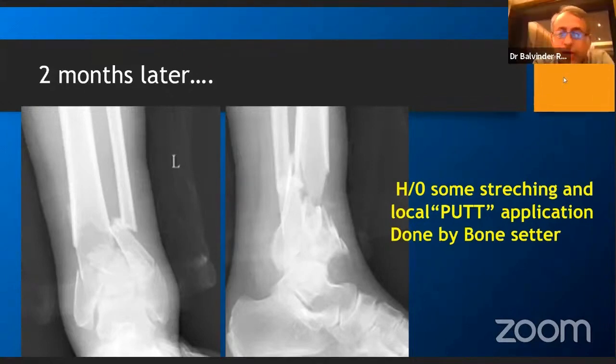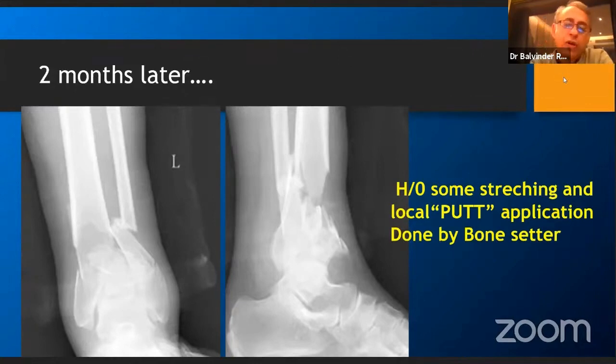Yeah, so it's a bad situation to be in, obviously. But I would want to define this fracture more clearly, specifically in terms of the articular surface. You can see there is a lot of metaphyseal comminution. The fibula is segmented, there is a deformity in the fibula, and the joint surface is not so clearly seen.